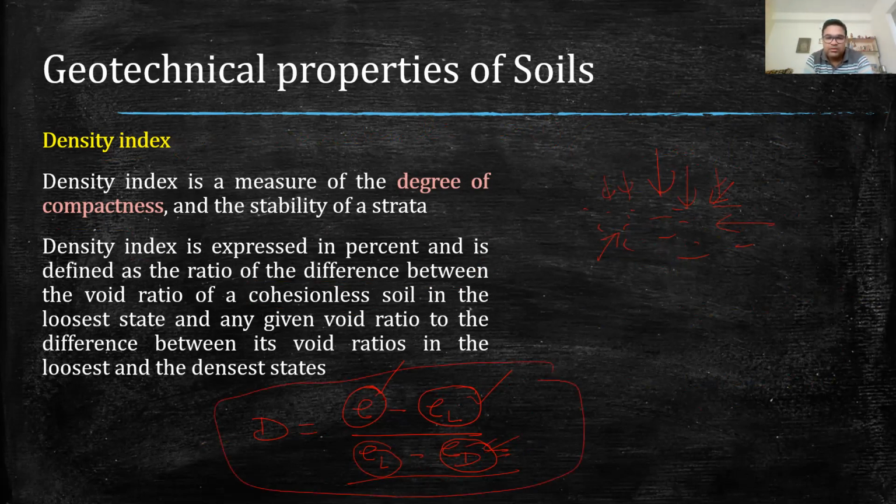So that is the formula. The void ratio of any particular soil at its natural state minus the void ratio of the soil at the loosest state is in the numerator, and in the denominator we have the difference between the void ratio of the loosest state and the void ratio in the densest state.